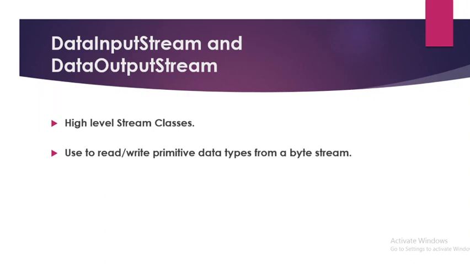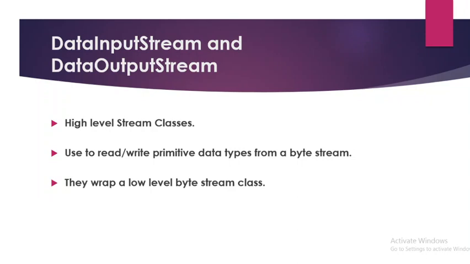Data input stream class is used to read primitive data types from a byte stream or from a byte file, whereas data output stream is used to write primitive data types to a byte stream. So these classes are used to read and write primitive data types from a byte stream. They wrap a low level byte stream class.